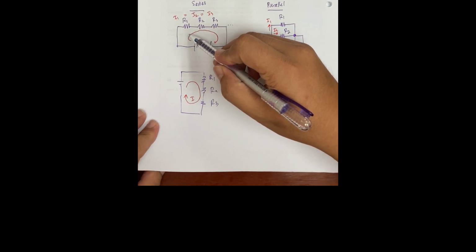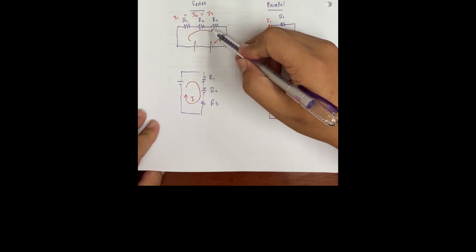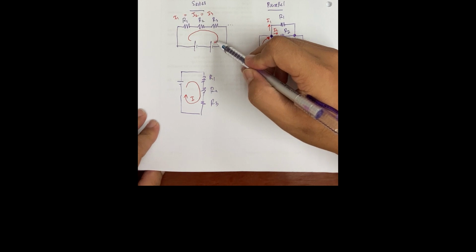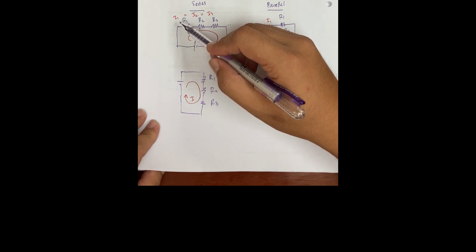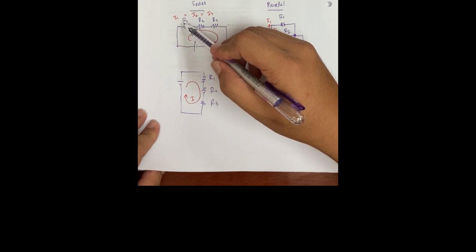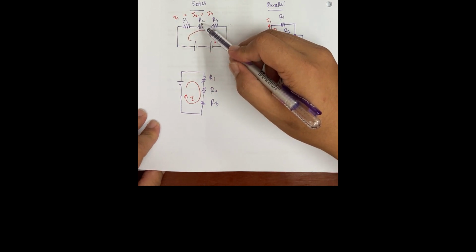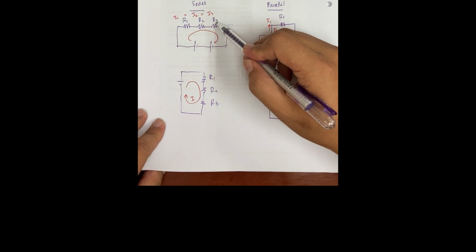And basically from here, in a series circuit, we can see that the current can only move in one direction and there's no other junction to go. So it indicates that I1, which is the current for R1, will be the same as the current I2 and the same as the current I3.